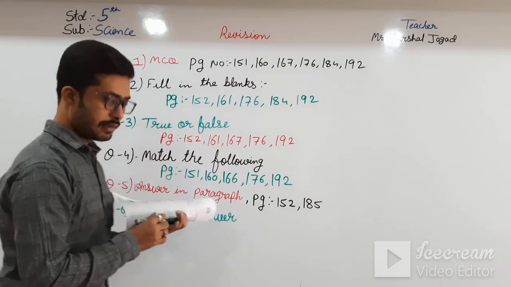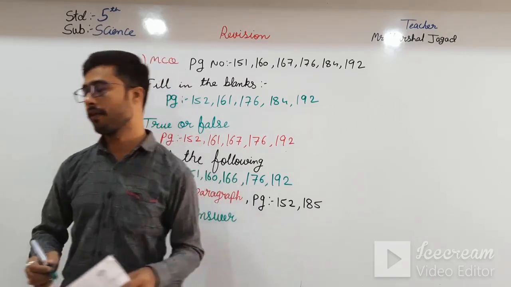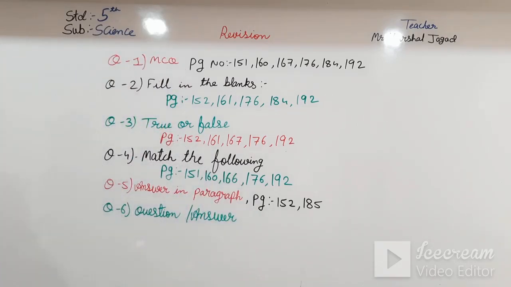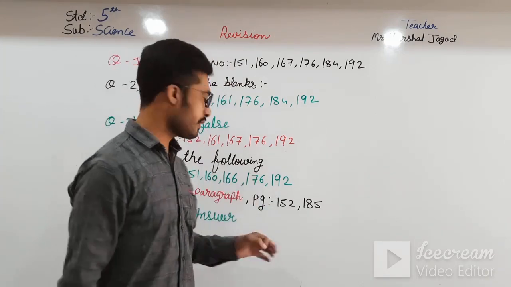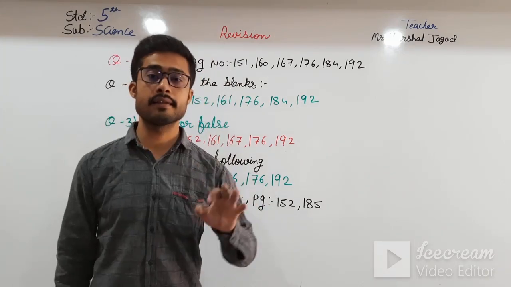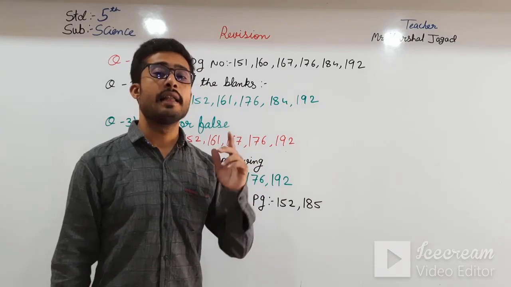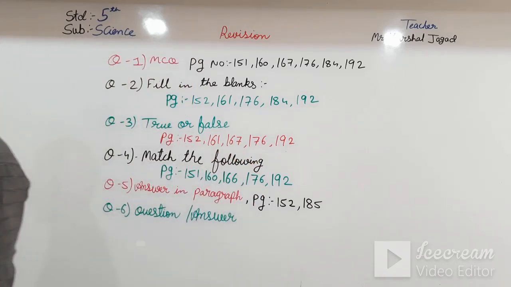So, let us write the page numbers of question answers. Okay students, question answer means answer the following questions. Let us see in which chapters that is. Let us write the chapters.